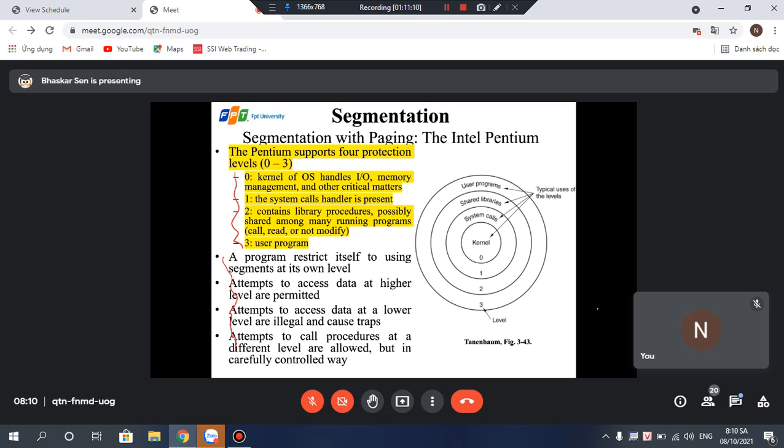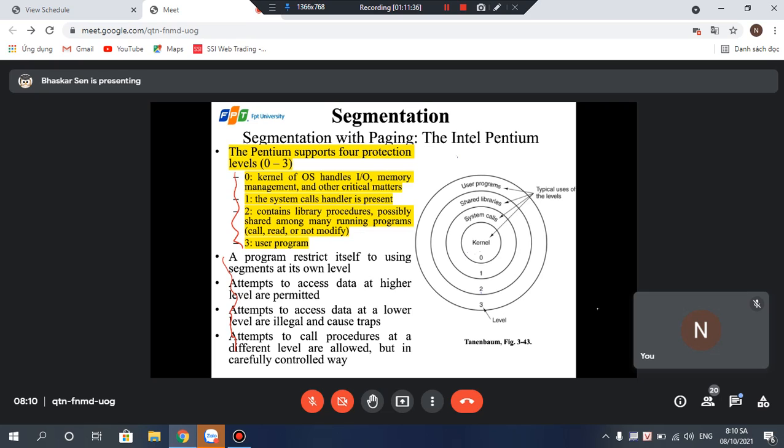The one with the highest level of protection can always go down. Level 0 is the highest. Kernel of OS handles I/O, memory management, other critical matters. The system call handler is present, and contains library procedures and user programs.